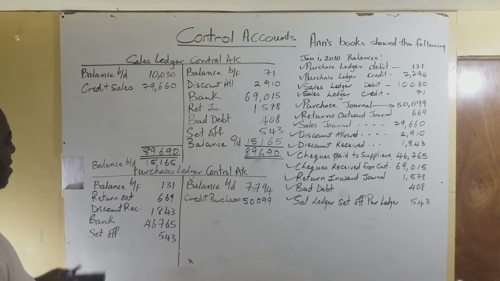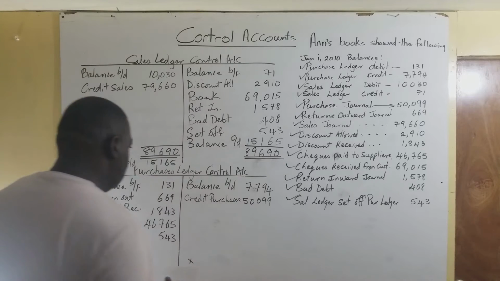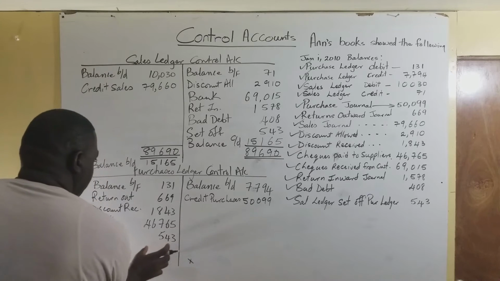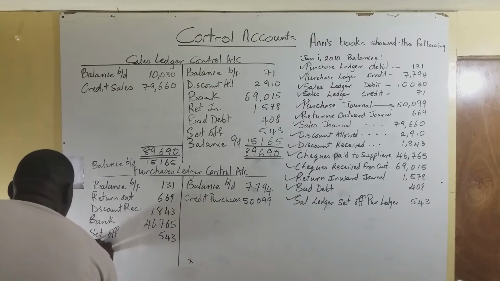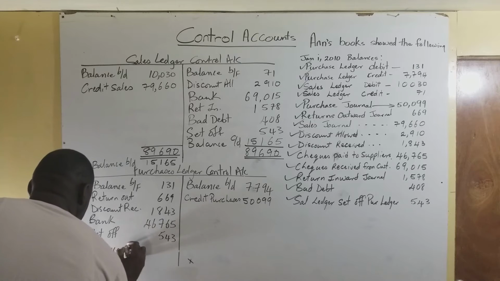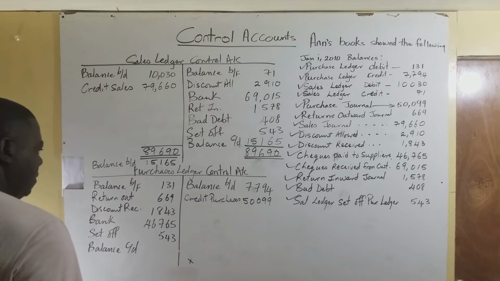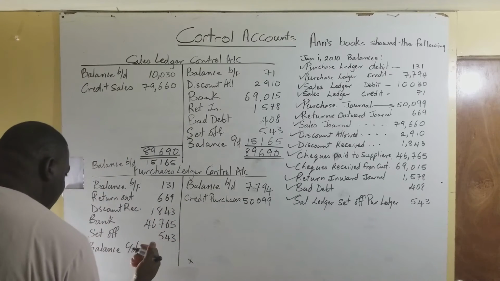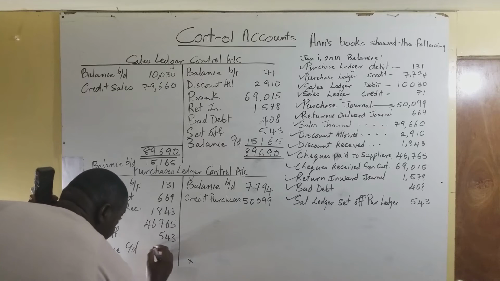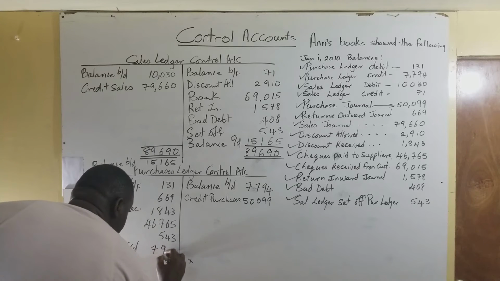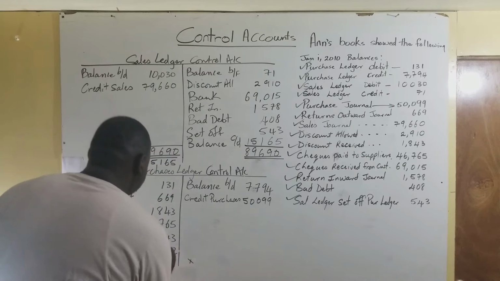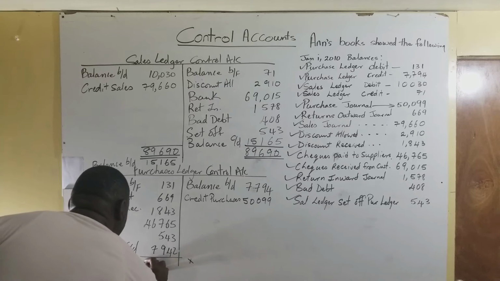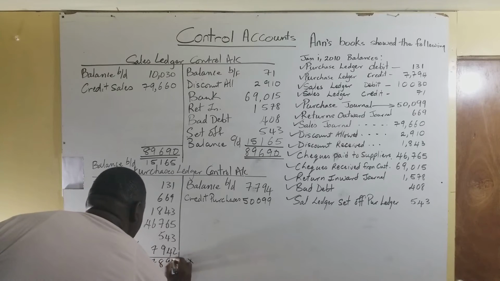For the purchases ledger control, our total on this side is larger than this side, so we're going to have our balance carried on this side. When we subtract the total of this from the debit side, we are getting 7,942. If we add all of this, we should be getting a total of 57,893.